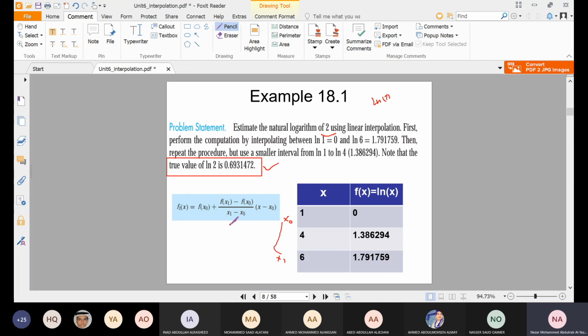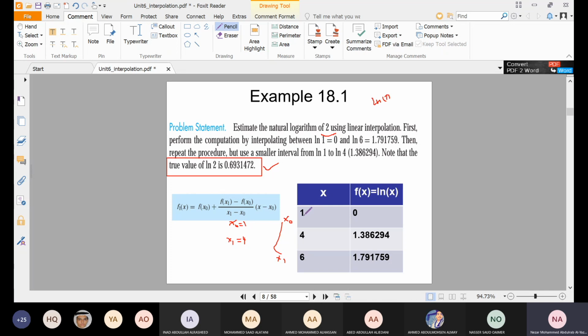The second step, we want to compare this one when we take x0 equal 1 and x1 equal 4. That means I make the interval shorter. So also we want to estimate the value at this point. Let's see the comparison between these two methods.